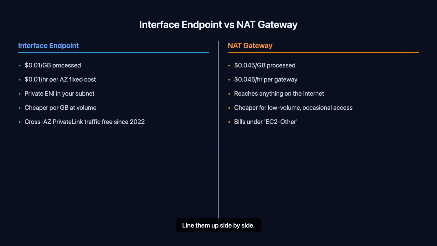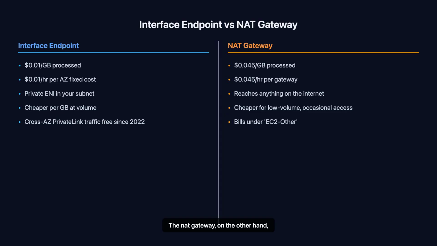Line them up side by side. The interface endpoint charges a penny per gigabyte and a penny per hour per AZ, drops a private network interface right into your subnet, and gets cheaper per gigabyte as volume climbs. And since 2022, cross-AZ PrivateLink traffic to an interface endpoint is free, which simplifies multi-AZ designs.